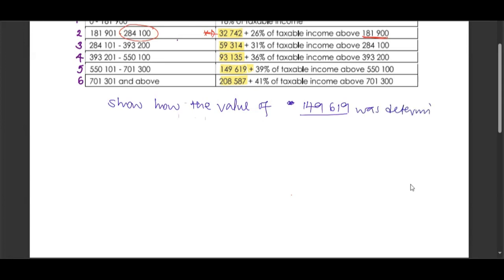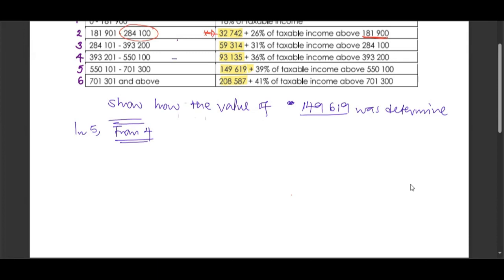How do you get it? So when you look at it critically, it's in bracket number 5. It's in bracket number 5, simply meaning it's from bracket number 4. So if it's from bracket number 4, we concentrate on bracket number 4.